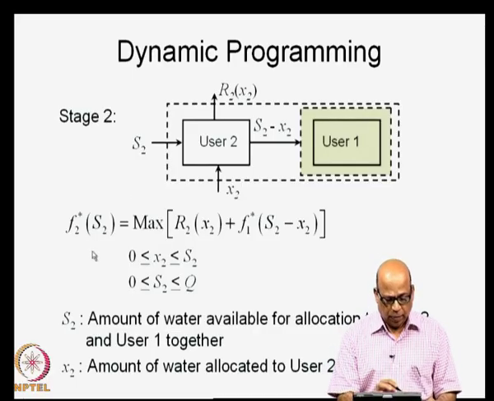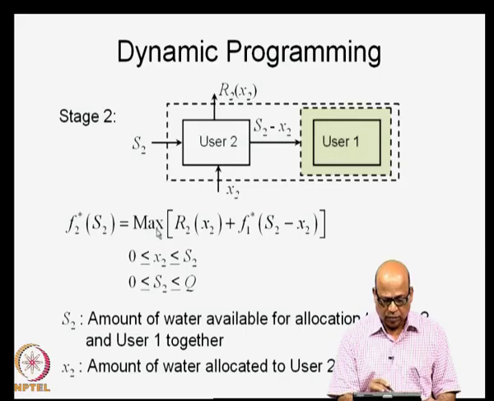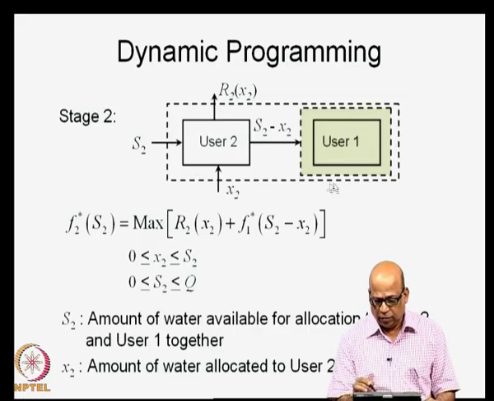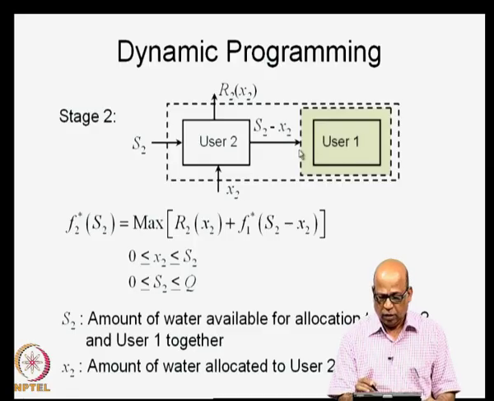At stage 2, the optimal benefit associated with the state S2 is given by the maximum value of the returns that you get from user 2 for an allocation of X2, which is R2 of X2, plus the optimized return that you get for an allocation of the remaining amount of water, which is S2 minus X2, in the previous stage, or the next stage in this particular case, to user number 1.